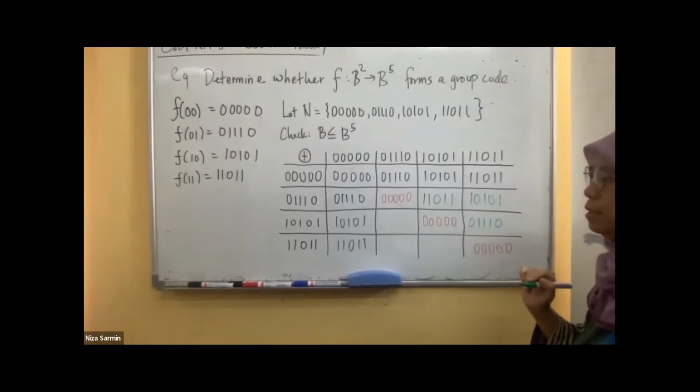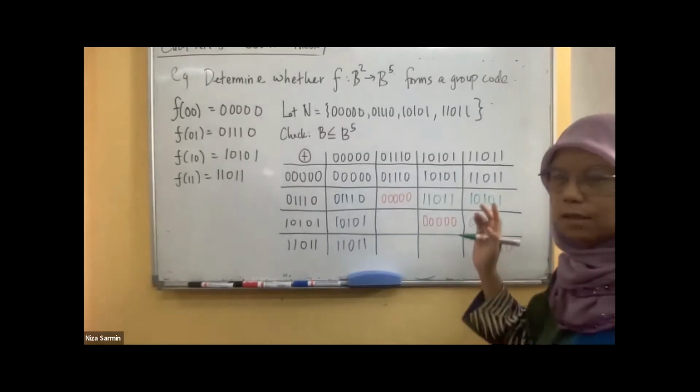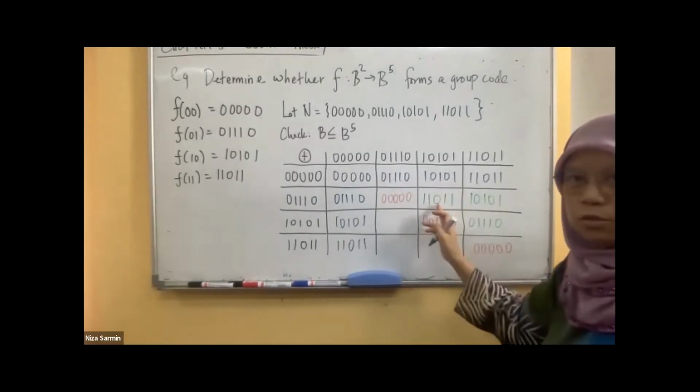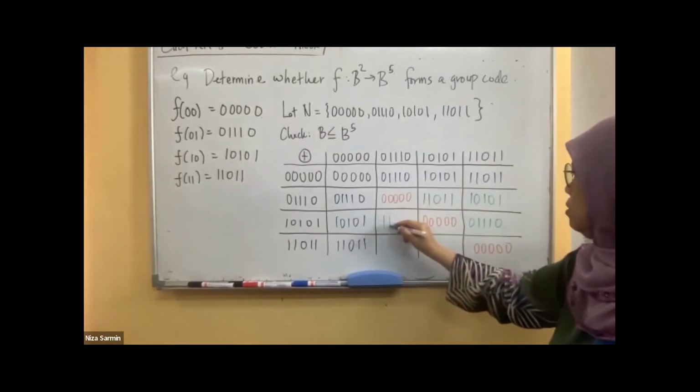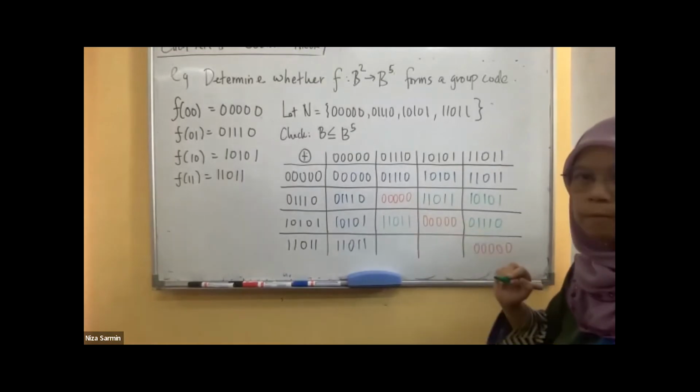And then you just copy to the symmetric one. So this is 1, 1, 0, 1, 1.